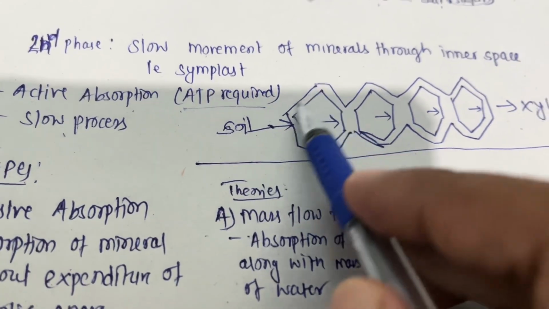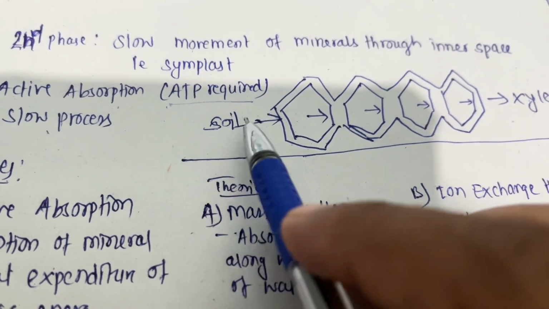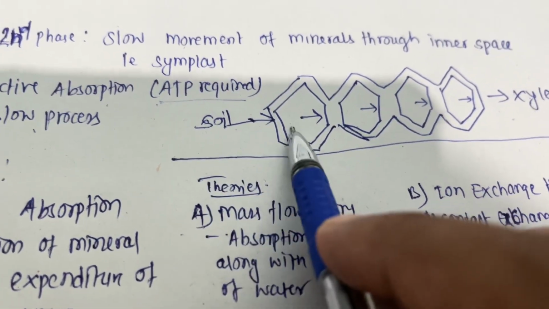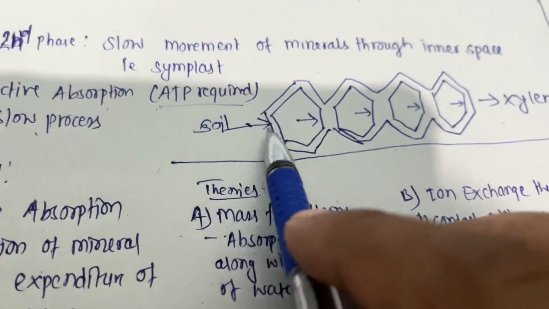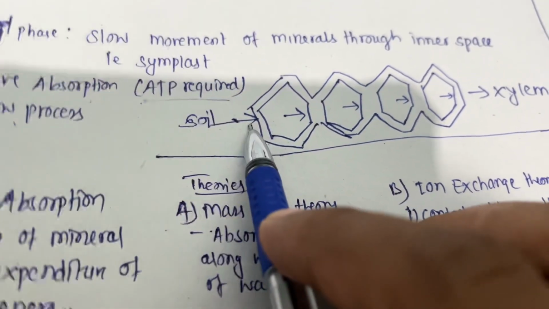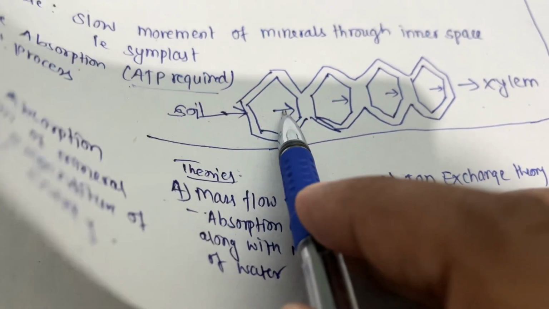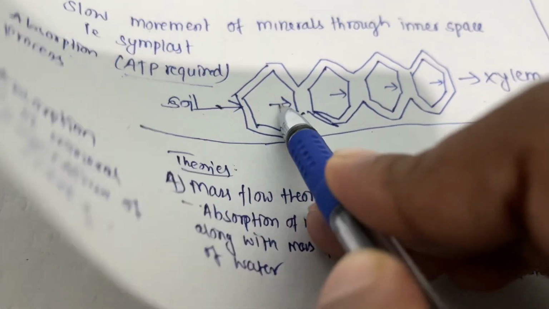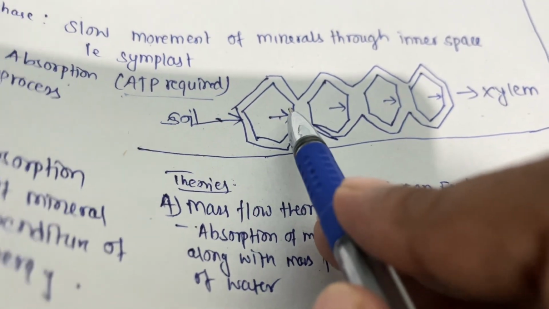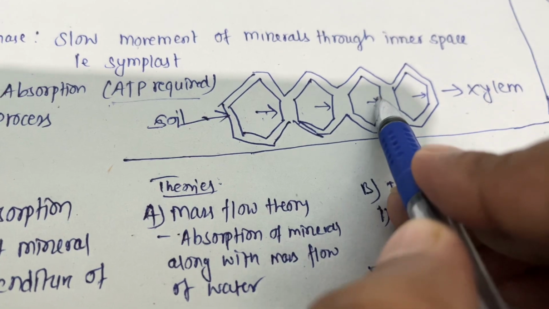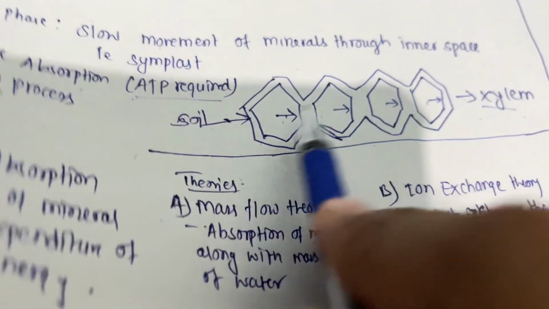So through the figure, when the water moves from soil into the cell, it will move from the cell wall into the cell, and through the series of cells it will go to the xylem.